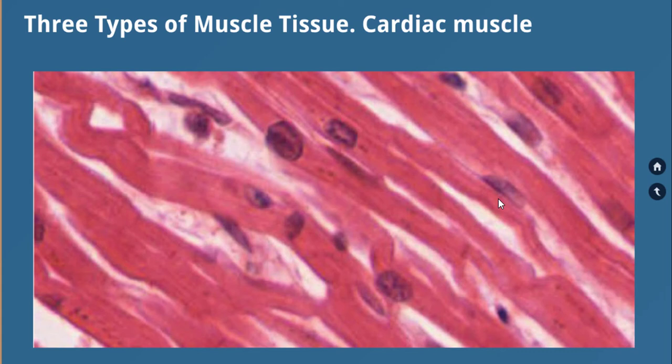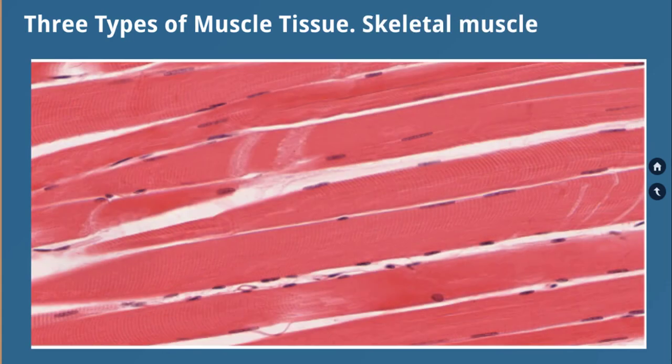Okay, next type is skeletal muscle. Skeletal muscle fibers are multinucleated. This is one skeletal cell. One muscle fiber is one muscle cell, a multinucleated cell.